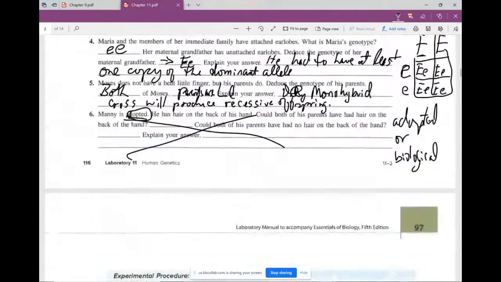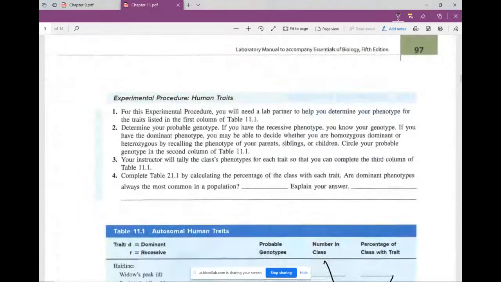It's not possible. We can assume that we're talking about adopted, in which case it wouldn't matter. All right.